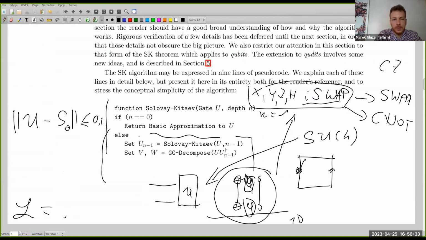And then we need to be setting stuff. So U_{n-1} is in the first step what we just got from, let's say, the VQA or lookup table or anything else. And then we are setting V and W using this GC decompose, group commutator decomposition of U times U dagger of our current approximation.